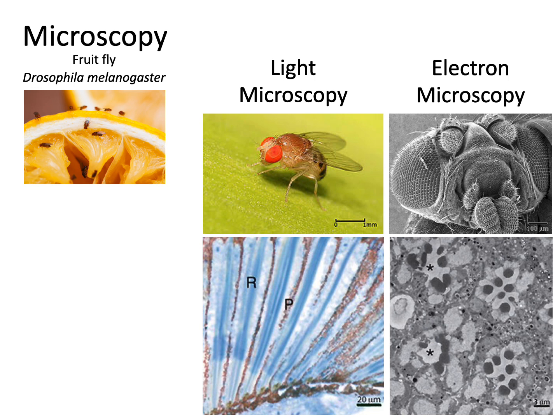So some examples of these two types of microscopy at play could be using fruit flies, right? I've actually had a terrible fruit fly infestation in my own kitchen this year, constantly battling these little beasts. I'm trying to keep them at bay.